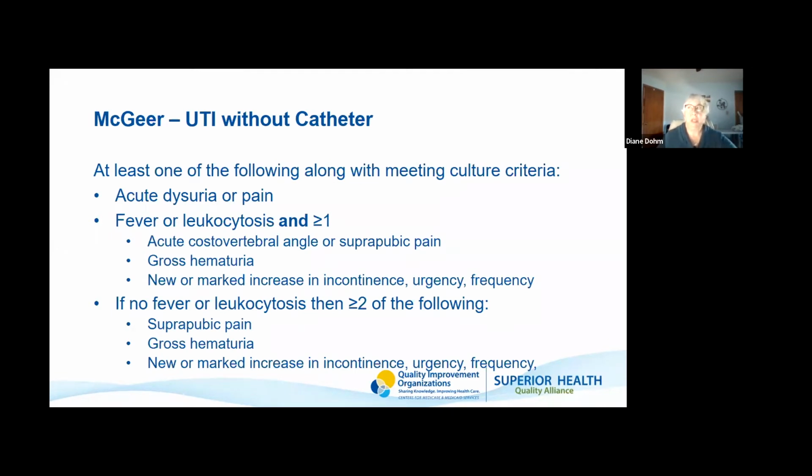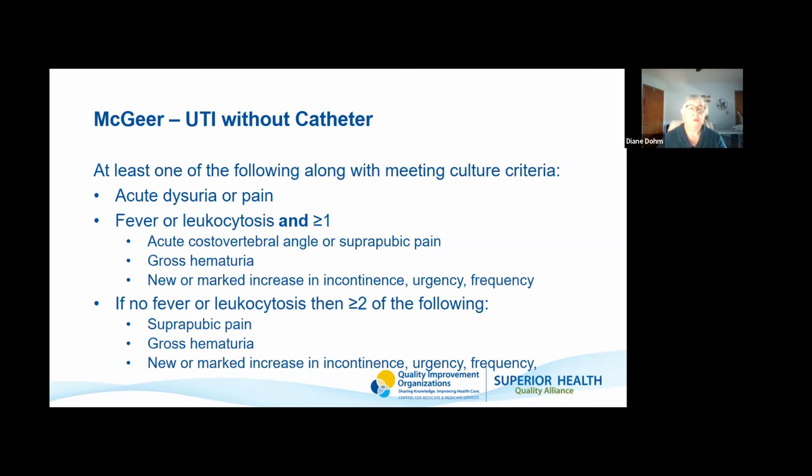The first one is McGeer's without the catheter. So in this, you have to have at least one of the following, along with meeting the culture criteria we're going to cover in a minute. Acute dysuria or pain, fever or leukocytosis, which is an increased white cell count, and greater than or equal to one of the following: acute costovertebral angle or suprapubic pain, gross hematuria, new or marked increase in incontinence, urgency, or frequency.